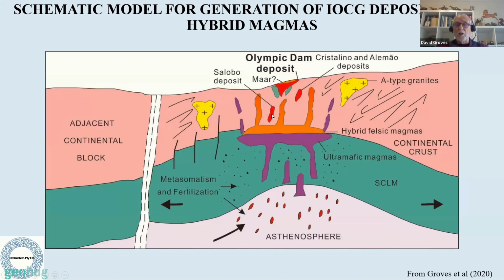And at depth, Salobo is in the upper amphibolite facies, so it's a very deep one. Cristalino and Alemão in Carajás are intermediate, and then Olympic Dam possibly exiting as a maar, although I know there are other models for Olympic Dam.